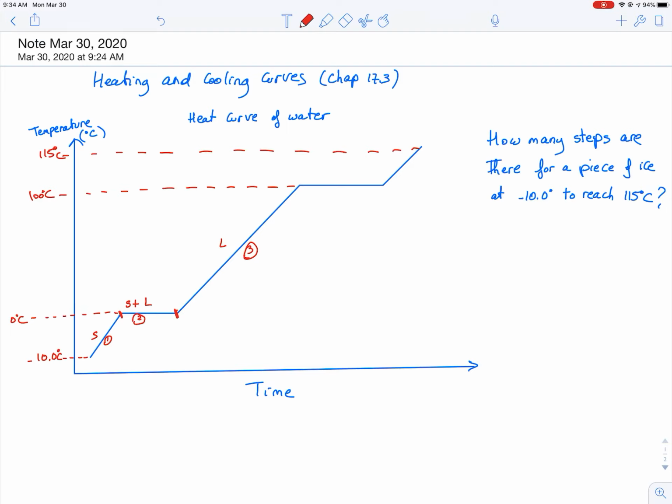So when I reach here, I have liquid at what temperature? At 100 degrees Celsius. Okay? And then I have another plateau. So I have some liquid here, but I have another plateau here. What does this plateau mean? Well, at that point, I'm at 100 degrees Celsius. What do we know happens to water at 100 degrees Celsius? Well, it boils, okay?